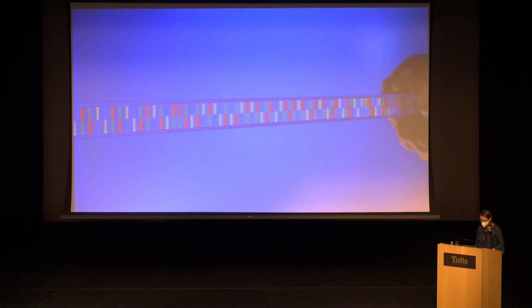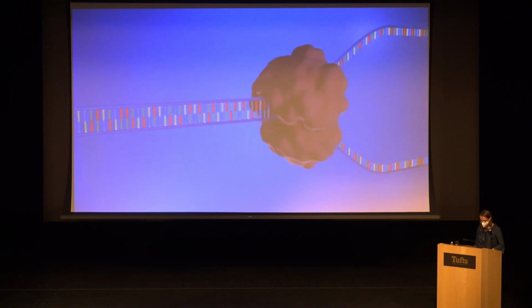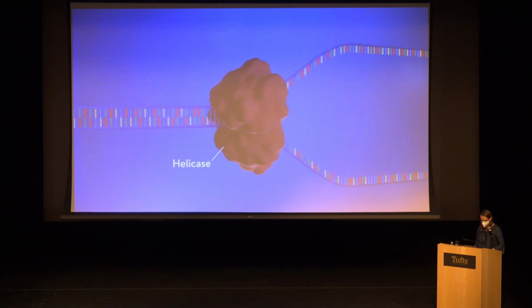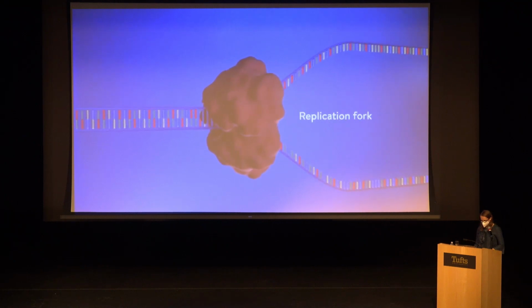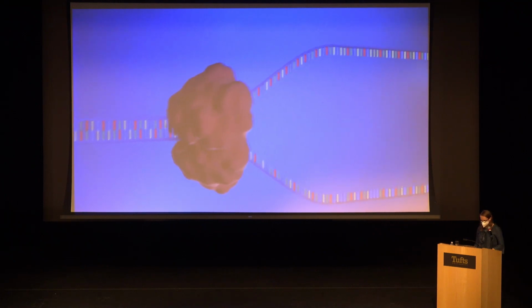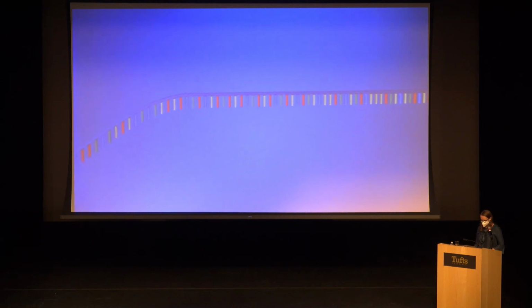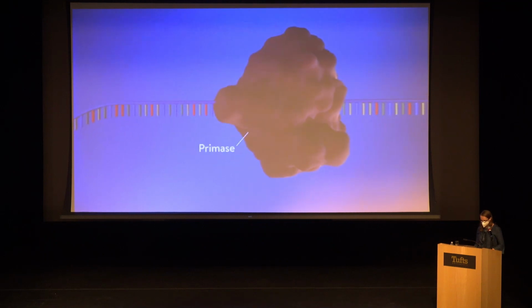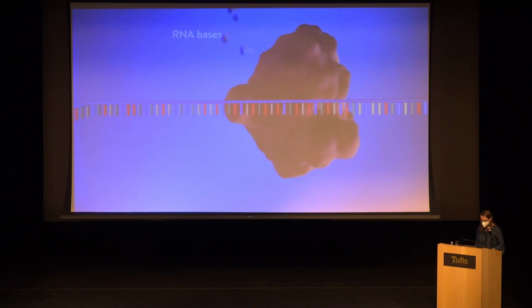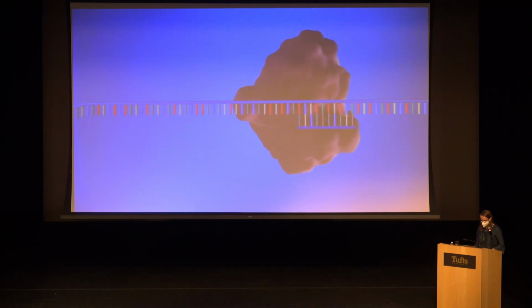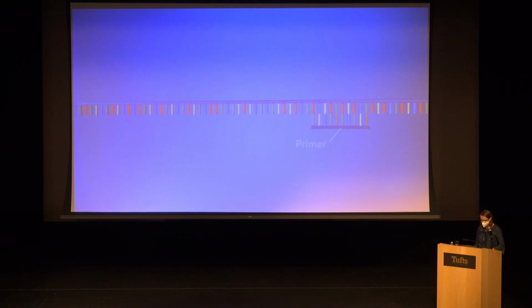The first step in DNA replication is to separate the 2 strands. This unzipping is done by an enzyme called helicase and results in the formation of a replication fork. The separated strands each provide a template for creating a new strand of DNA. An enzyme called primase starts the process. This enzyme makes a small piece of RNA called a primer.